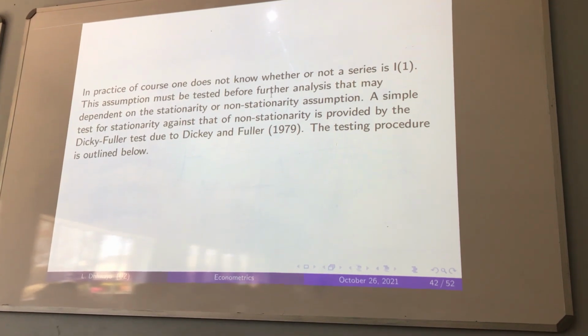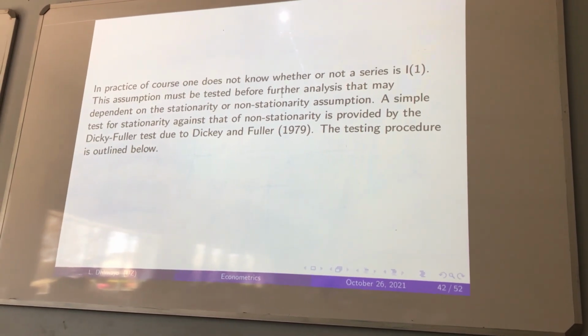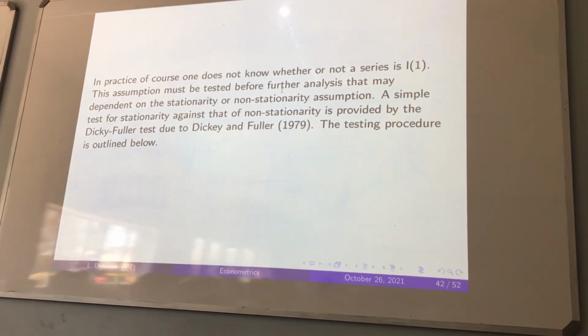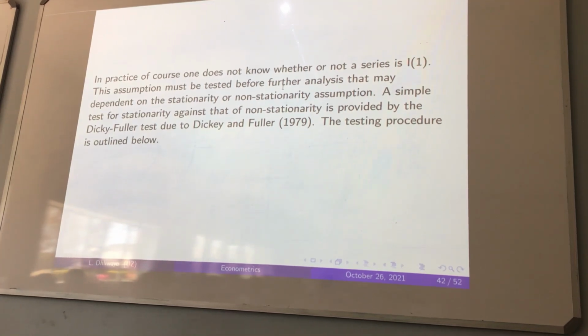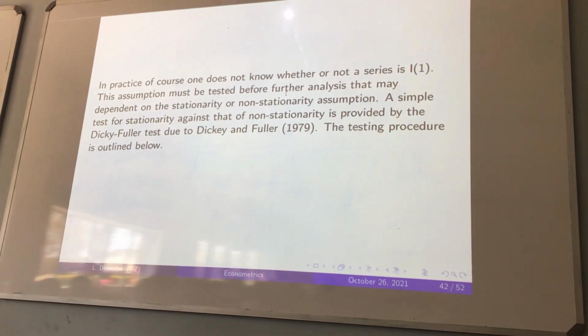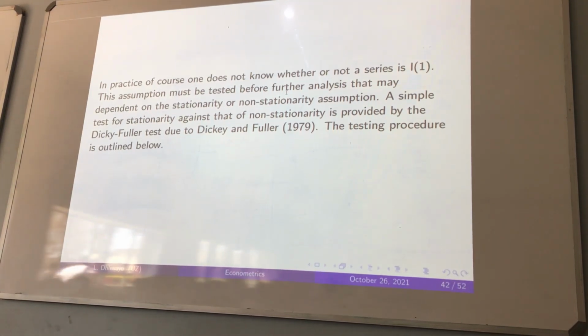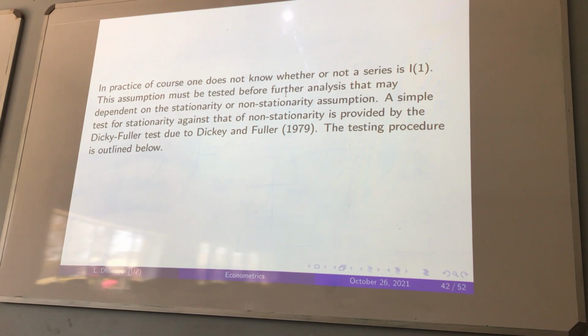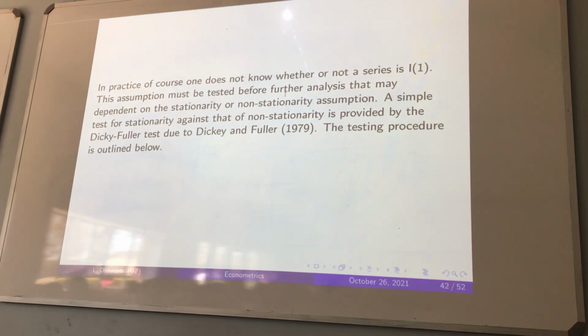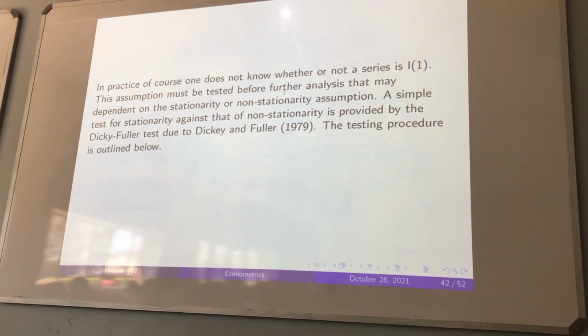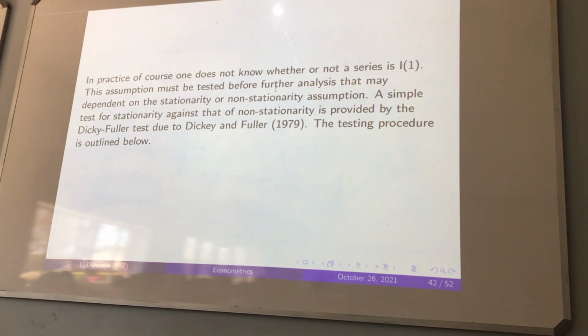In practice, of course, one does not know whether or not a series is I(1). The assumption must be tested before further analysis. So if you have a data set, you have to test the assumption before you do any further analysis, as that may depend on the stationarity or non-stationarity assumption.